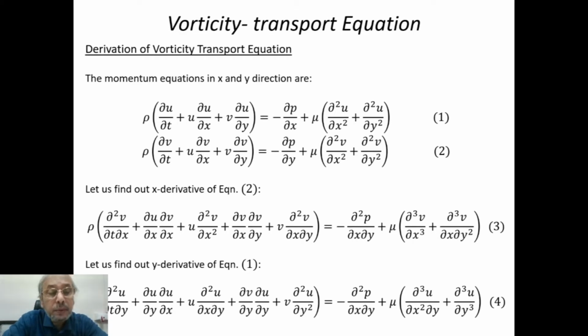Now what we do, we first differentiate equation 2 with respect to x. So we find out the x derivative of equation 2 and we get equation 3. Straightforward, just differentiate equation 2 with respect to x.